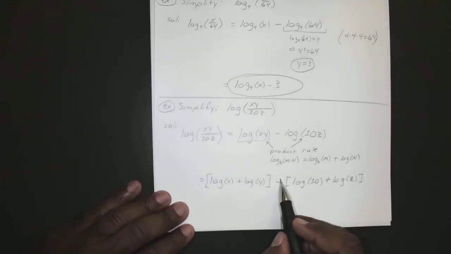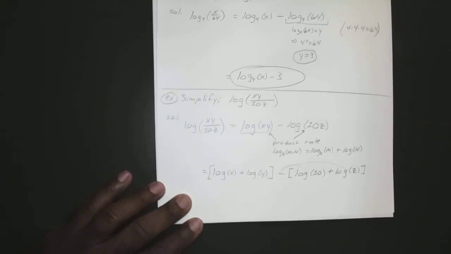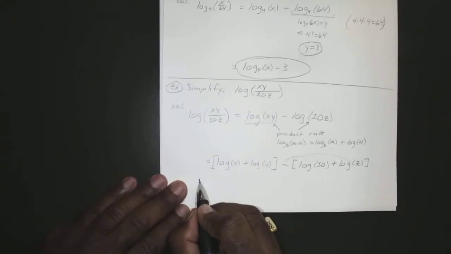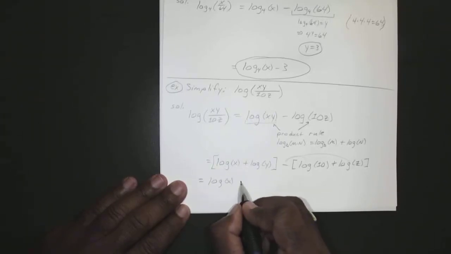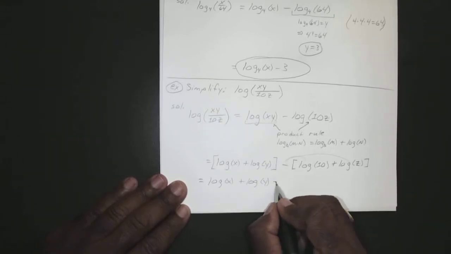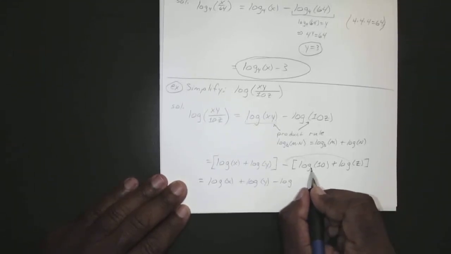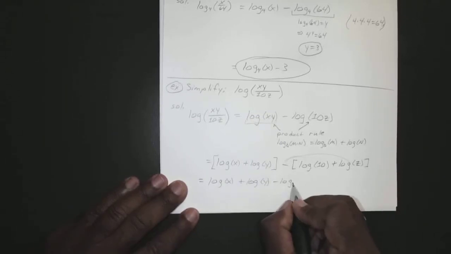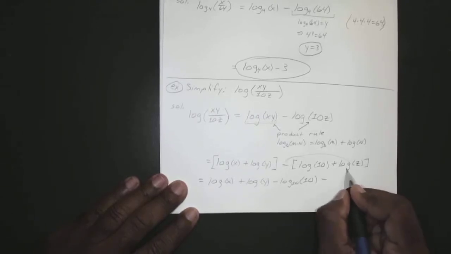All right, so we can go ahead and get rid of those brackets by distributing the -1. So that's log of x plus log of y minus log of 10. And remember, that's a common logarithm, so it has a base of 10. Minus log of z.